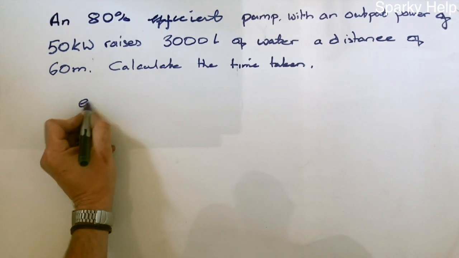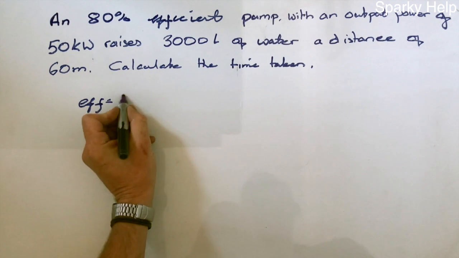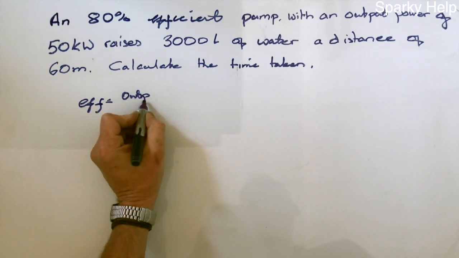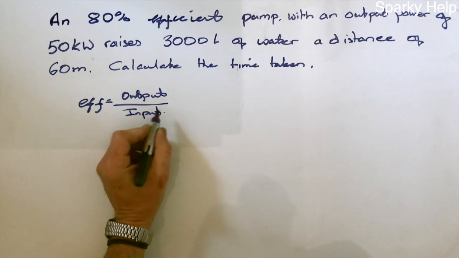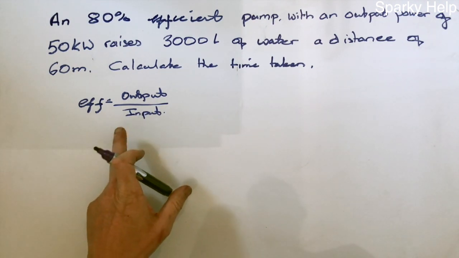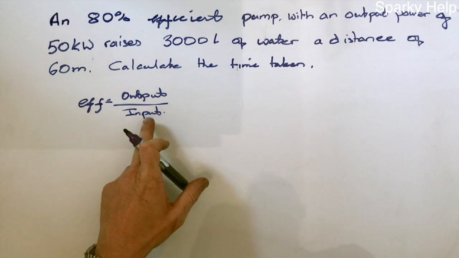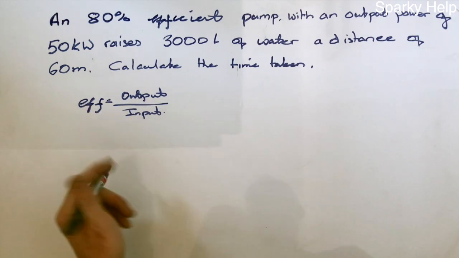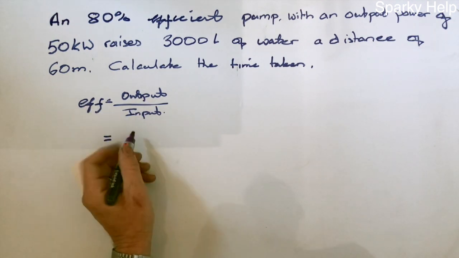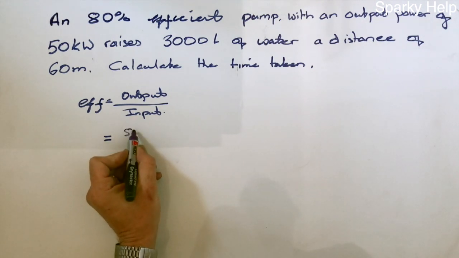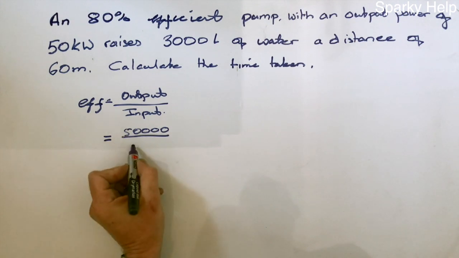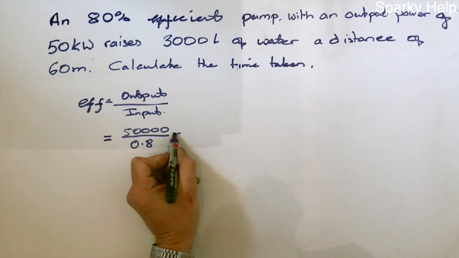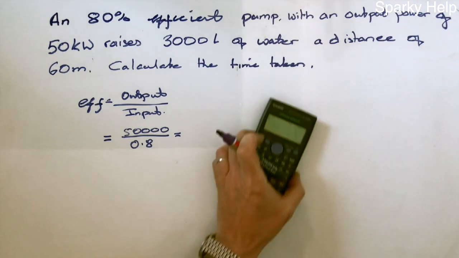Efficiency equals output over input. This time we know the output and want the input, so we rearrange. That becomes 50,000 divided by 0.8, and this will find our input power.